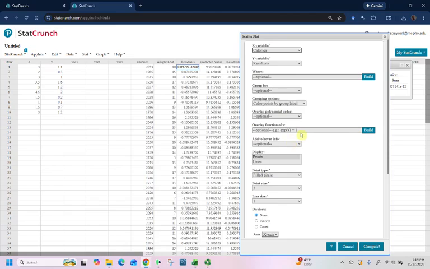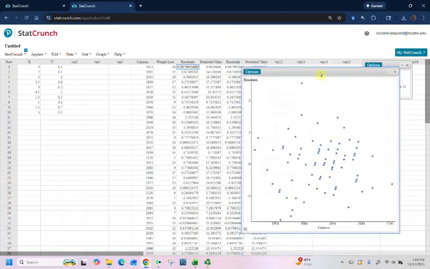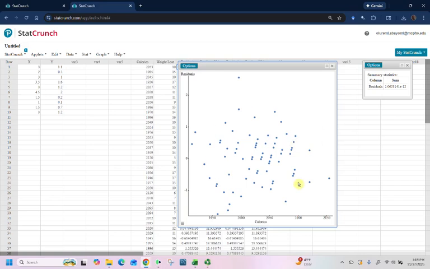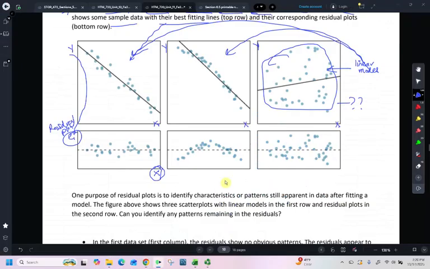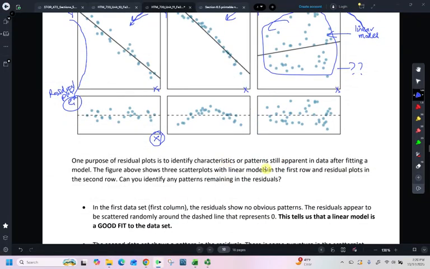You see that this gives a random scattering. If it gives us random scattering, this is an indicator that a linear model is a very good fit to the data set. So going back here, I can see the residual versus x here.